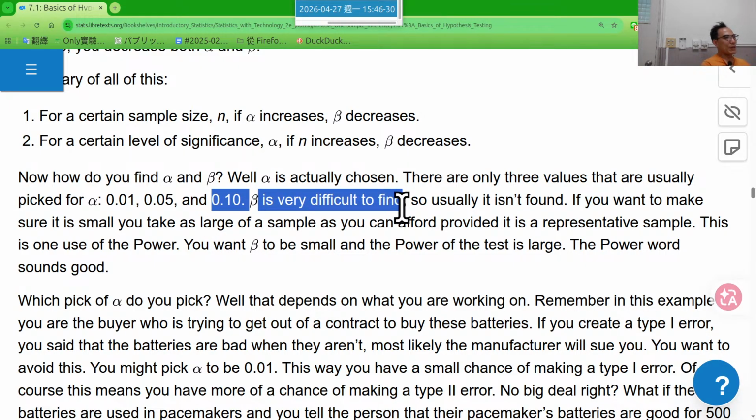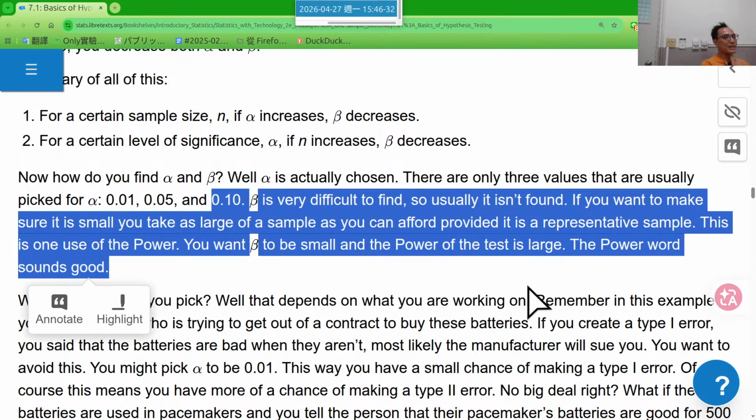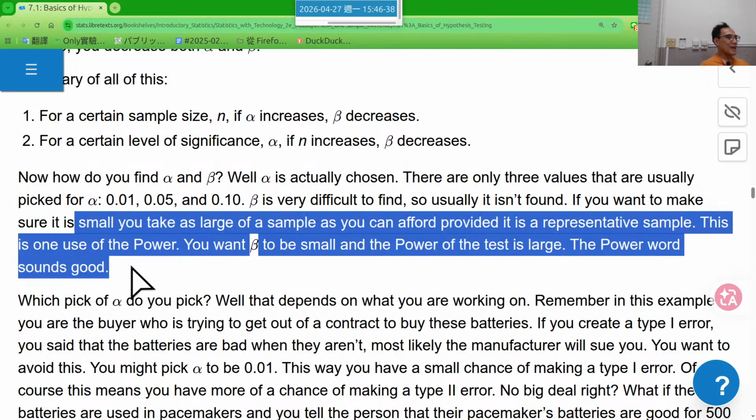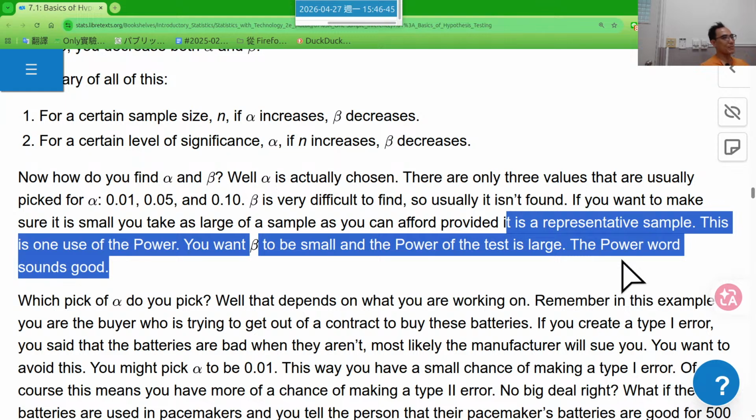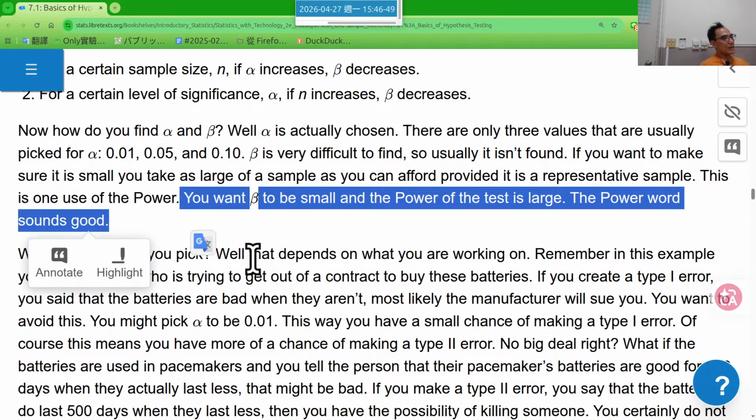Beta is very difficult to find, so it usually isn't found. If you want to make sure it is small, you take as large a sample as you can afford, provided it is a representative sample. This is where we use the power. You want beta to be small and the power of the test to be large. The word power sounds good.